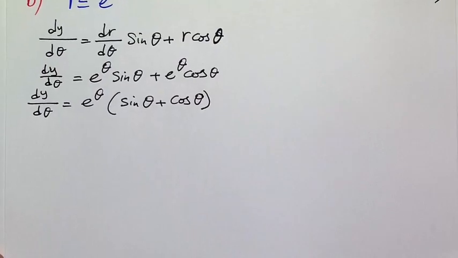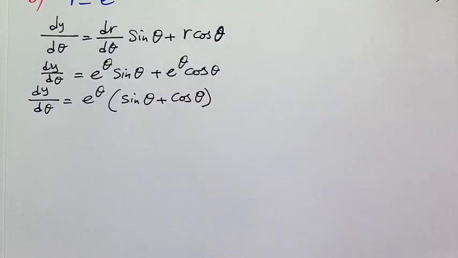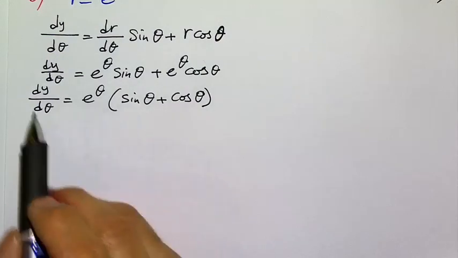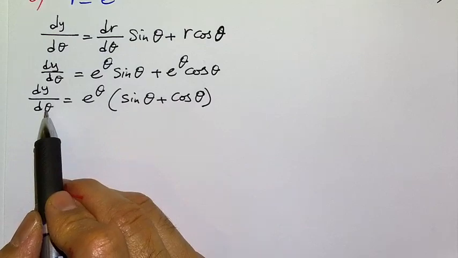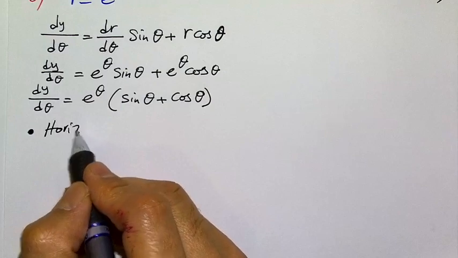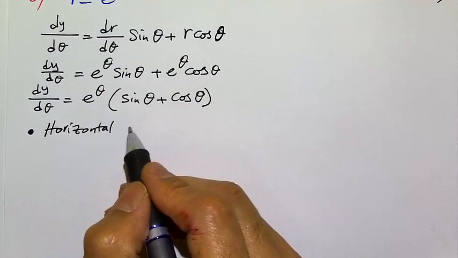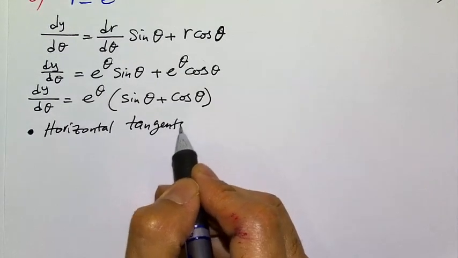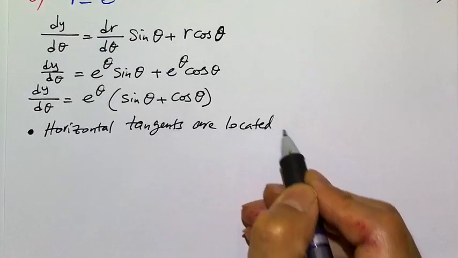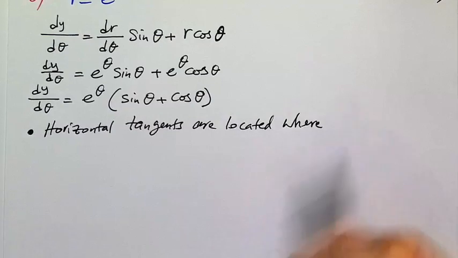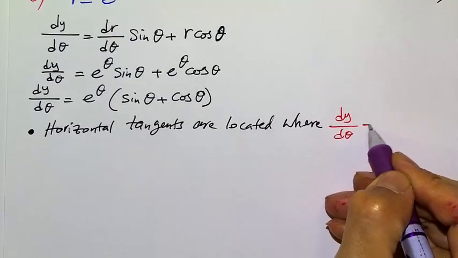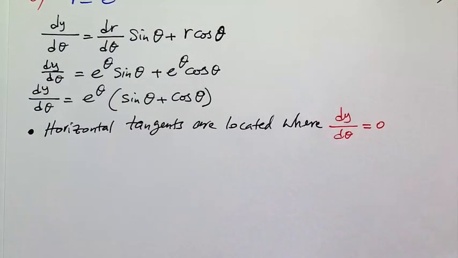So horizontal tangents are whenever this quantity is equal to 0. So let's make a mention of that, where dy d theta is equal to 0.